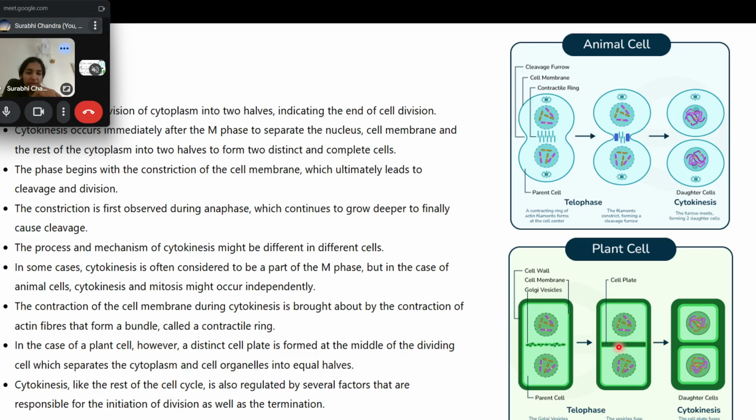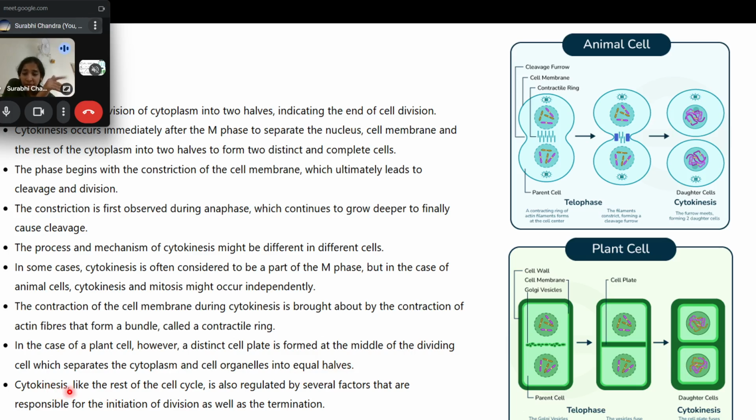This is the thicker one in the middle, and then eventually this cell plate moves towards the periphery in case of plant cells, finally leading to two individual daughter cells, or in general two individual progeny cells.